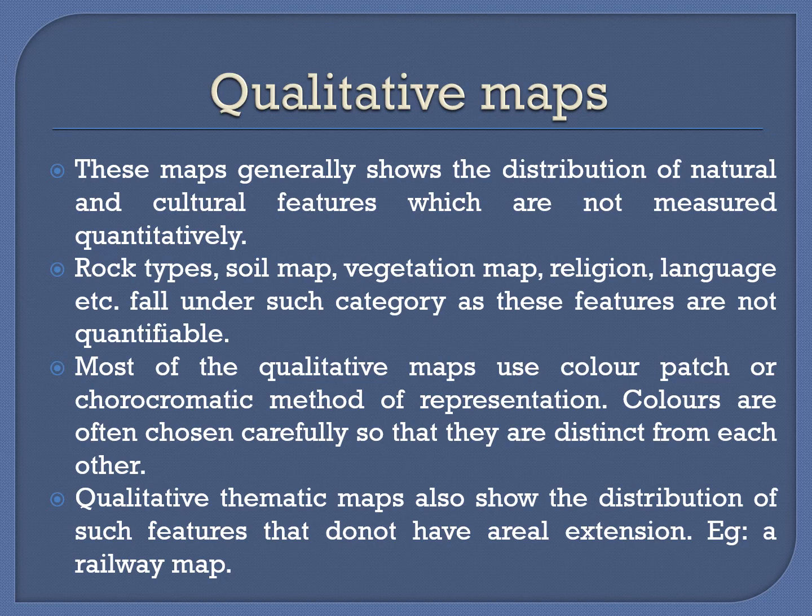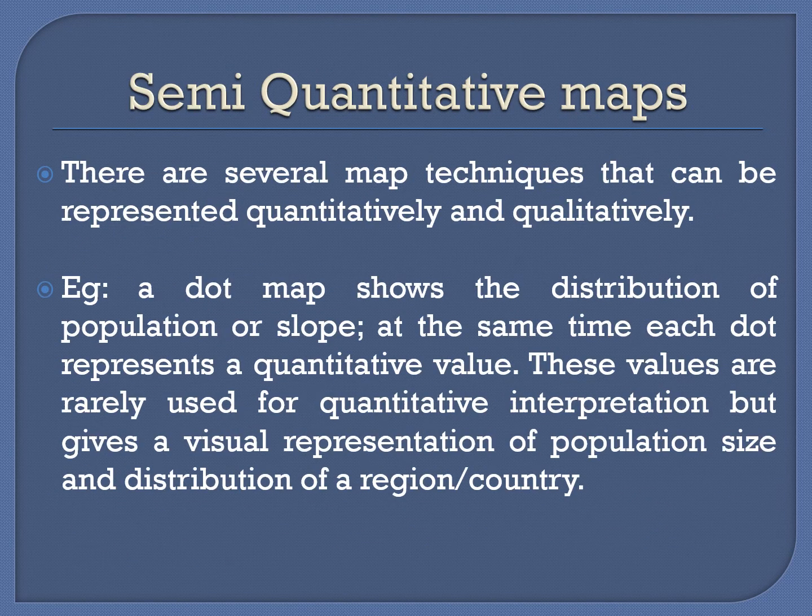So this is not at all quantifiable. These qualitative thematic maps can also be used to show the distribution of linear features, or dot features or point features, other than an areal extension. For example, a transportation route like a railway map or a road map can also be represented in the form of a qualitative map.